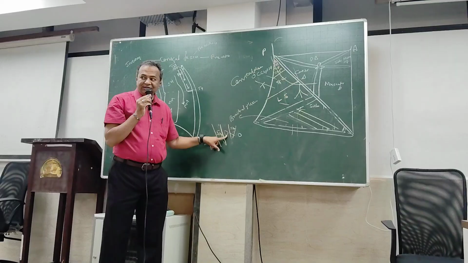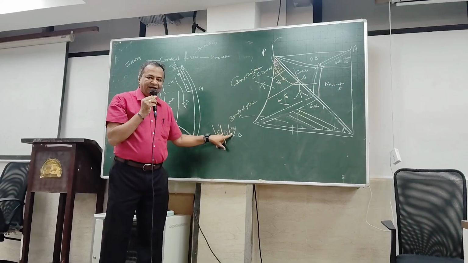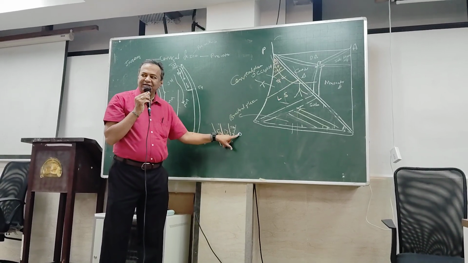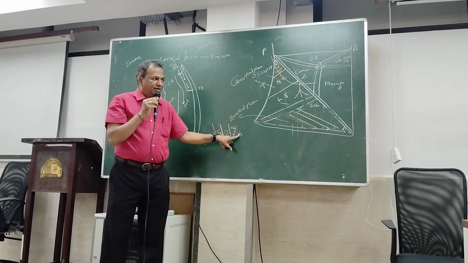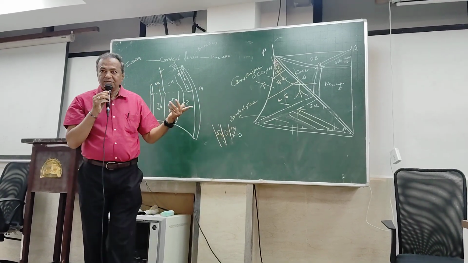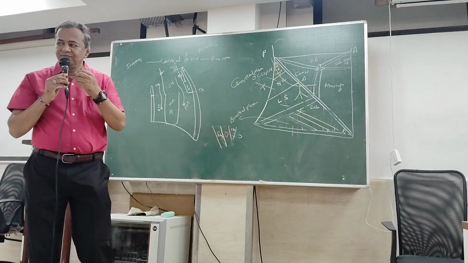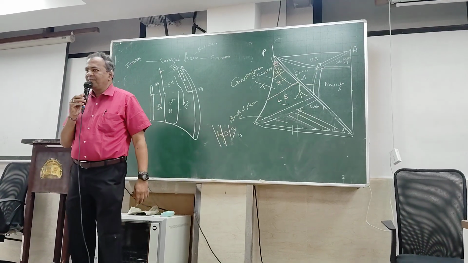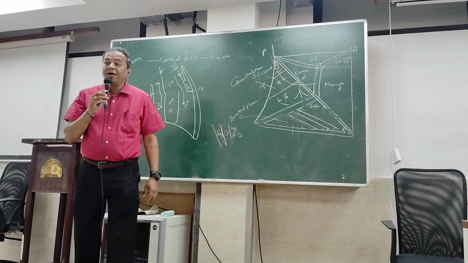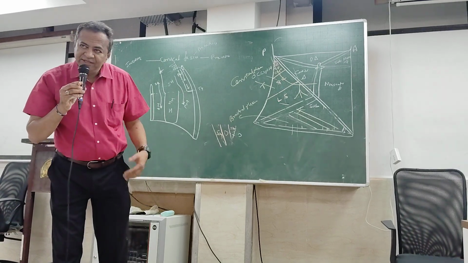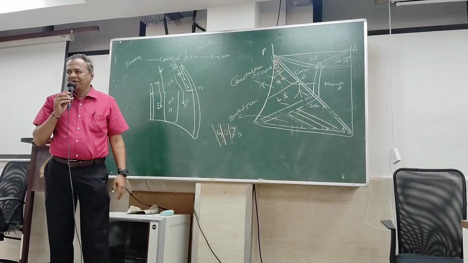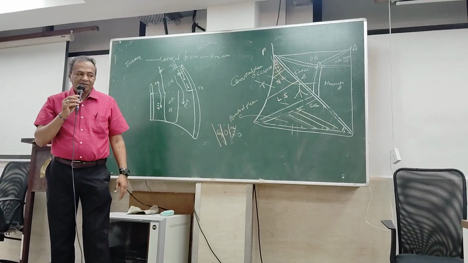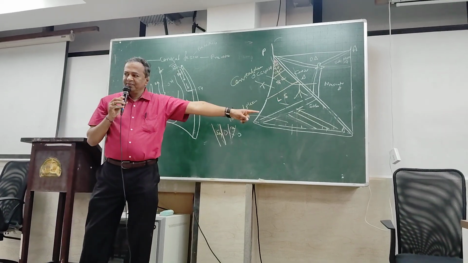I said axillary by mistake. Subclavian artery, scalenus anterior, subclavian vein. Clear? Okay. Focus on this. Stop.